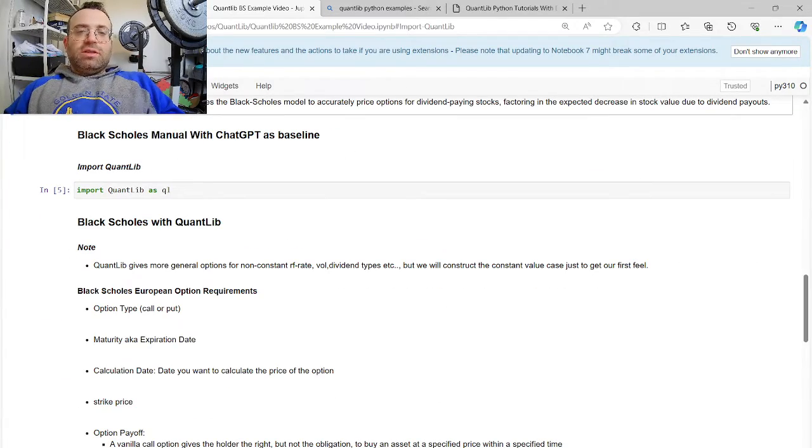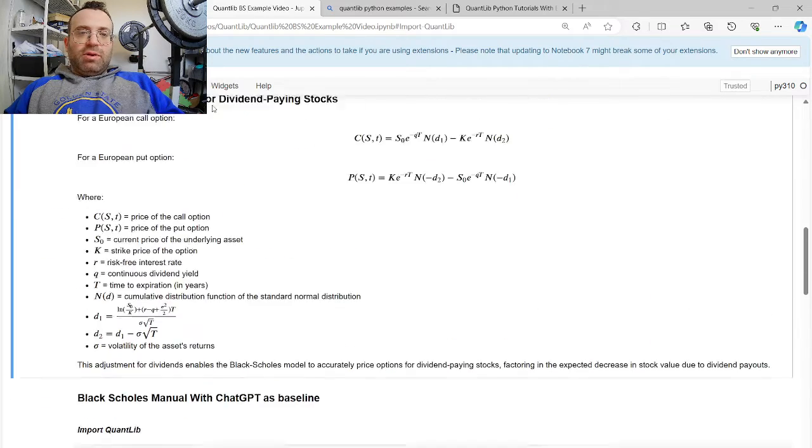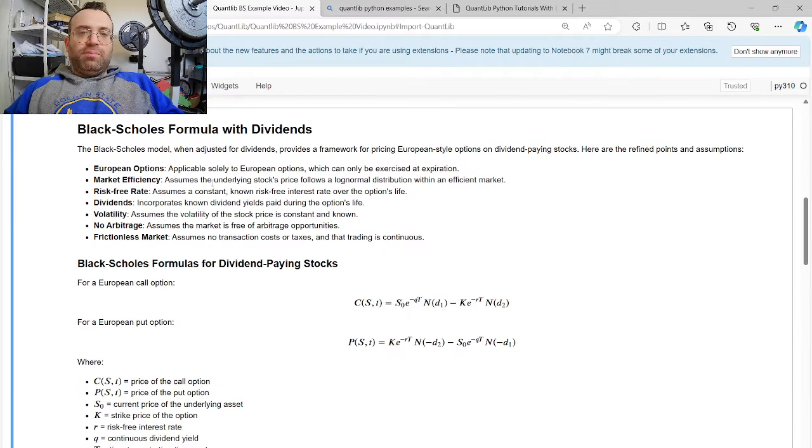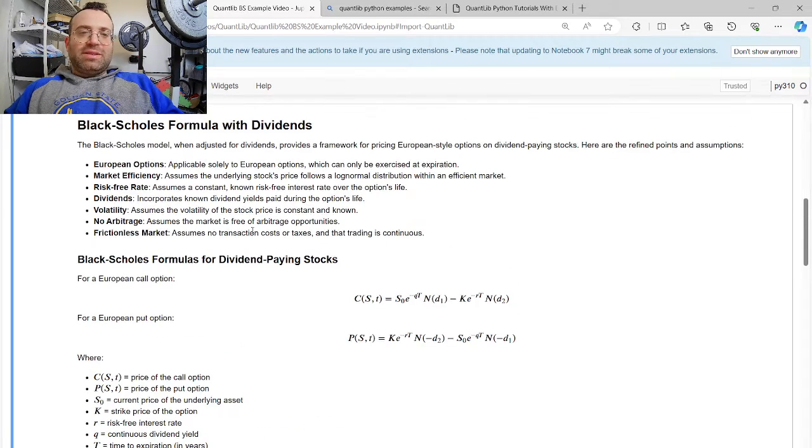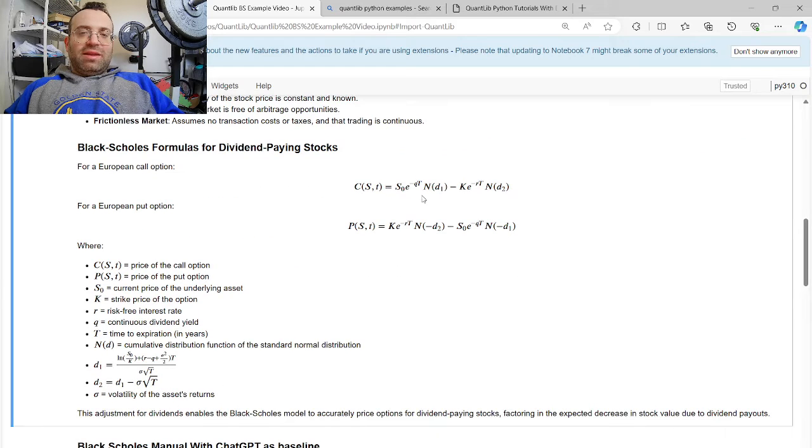Okay, so let's first do the Black-Scholes formula with ChatGPT. You tell it to fix the formats, and it gives you the Black-Scholes formula here for a call option and for a put option. As you see, the interest rate R comes up in the formula, and R comes in this d1 term.